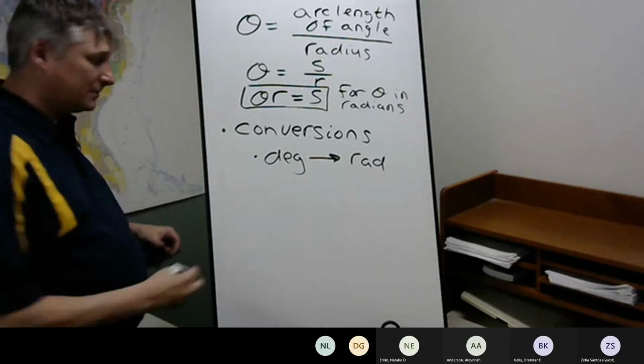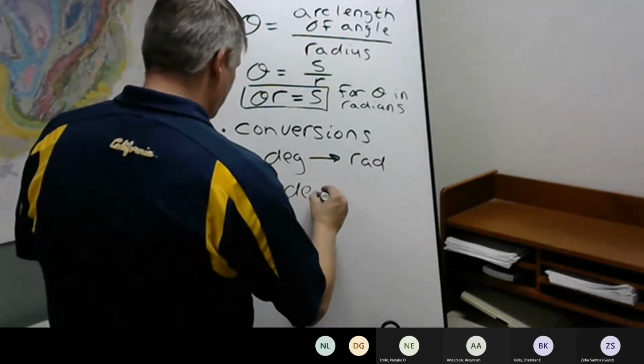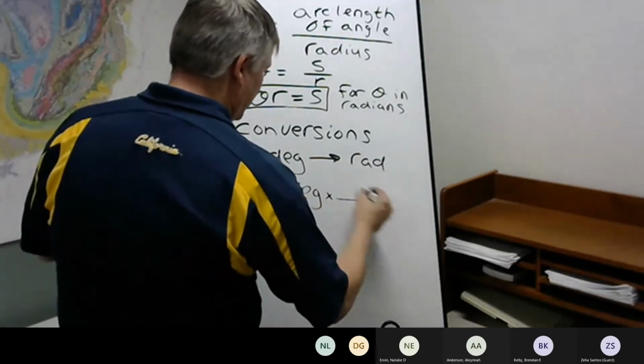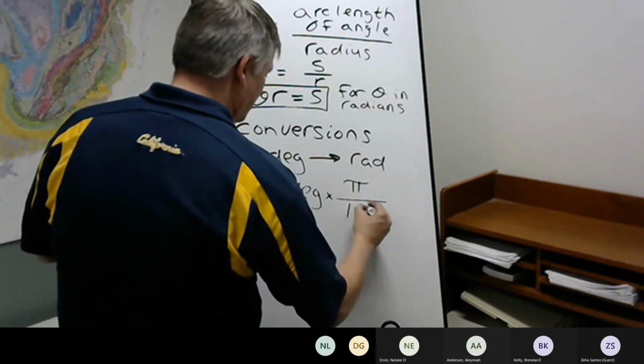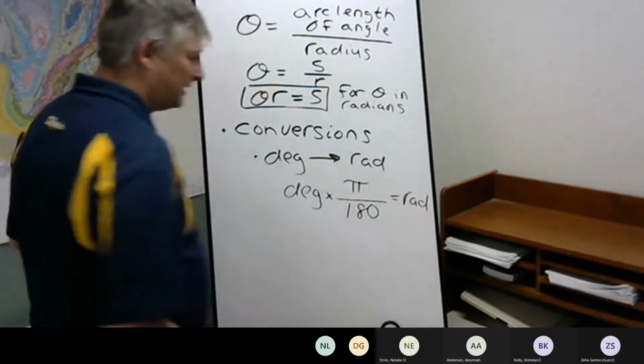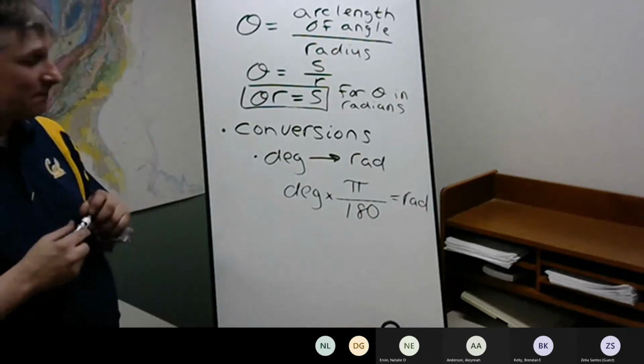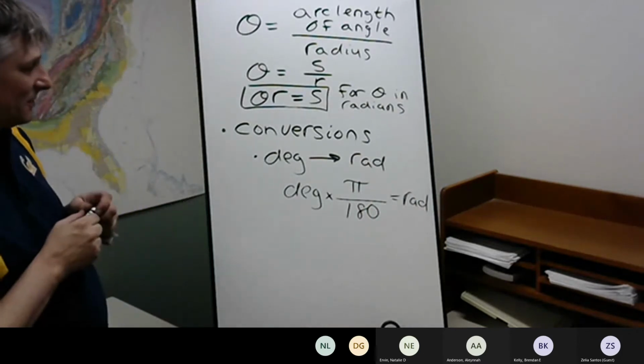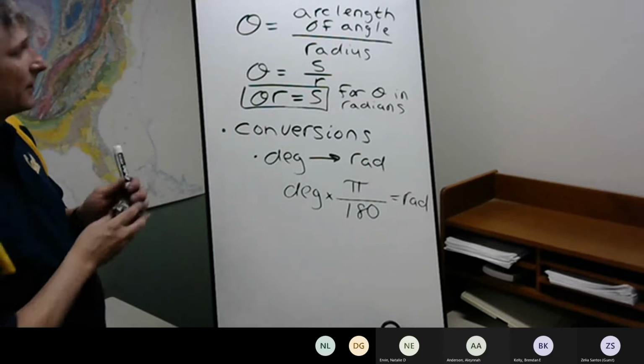What you do is you take degrees and you multiply by pi over 180. And that's going to give you radians. So let me do an example of how that works.